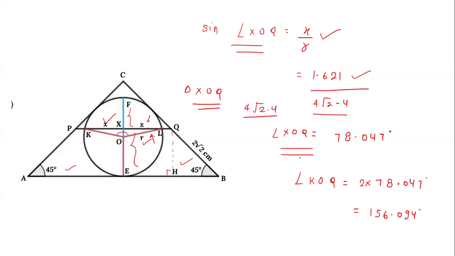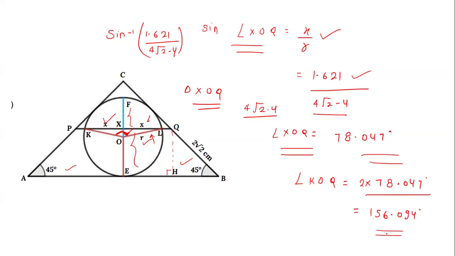So this angle will come like sine inverse of this thing. So you can calculate this. So after calculating, it will come like 78.047, and this part is similar to this part. So for getting the whole angle, we just have to multiply this by 2.